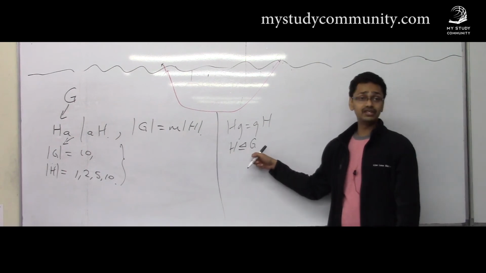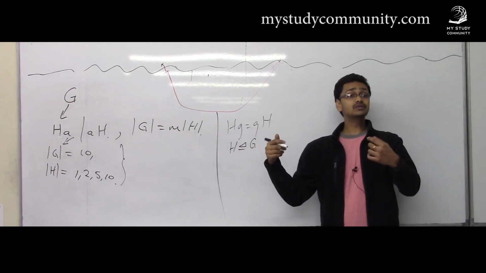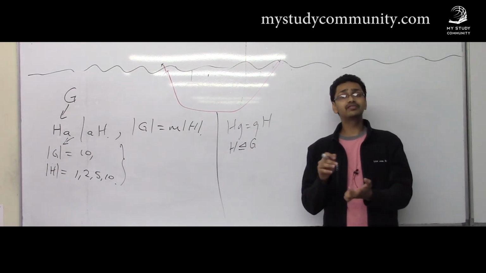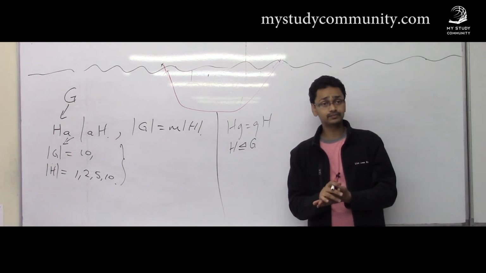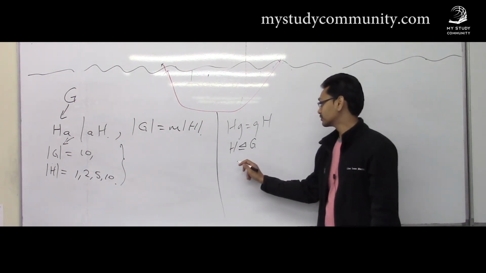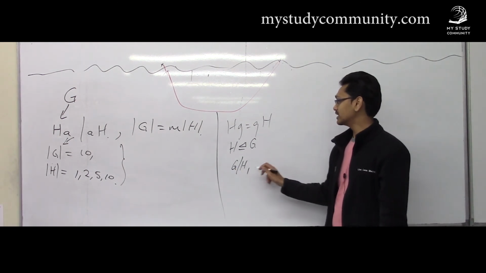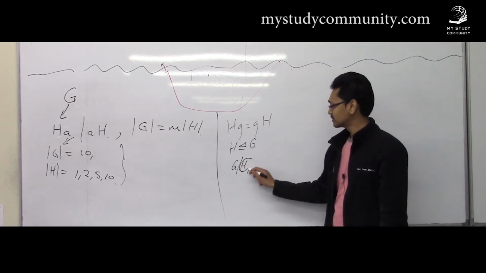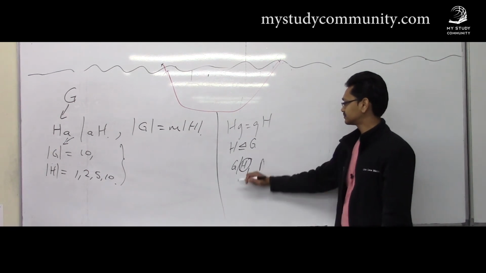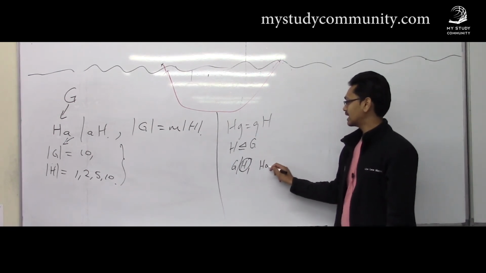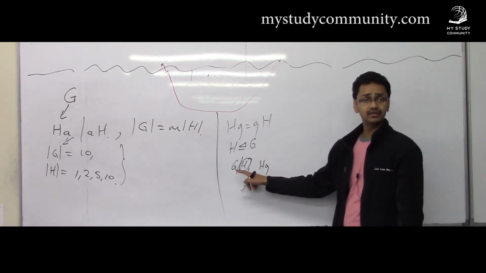So H is normal in G. And if H is normal in G, then we can form the factor group, or the quotient group, which is G on H. The elements of G on H would be cosets, so it will be H by an element in G, yes? Everybody's okay?